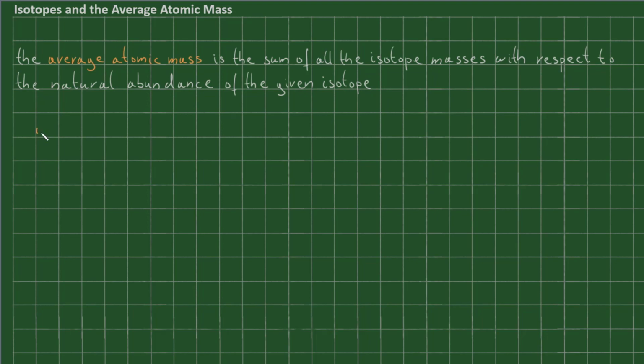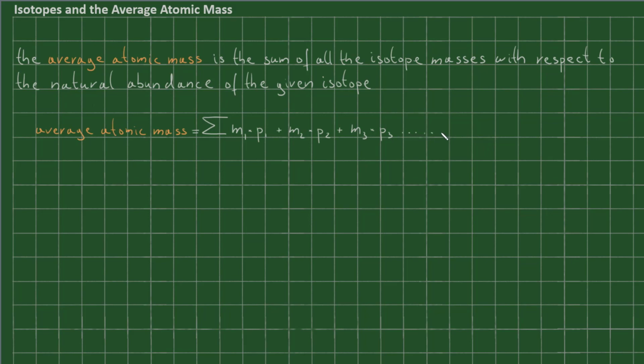So I could say the average atomic mass equals the sum of the atomic mass of one isotope multiplied by the proportion of that isotope, plus the atomic mass of the second isotope multiplied by the proportion of the second isotope, plus the mass of the third isotope multiplied by the proportion of the third isotope, and so on.